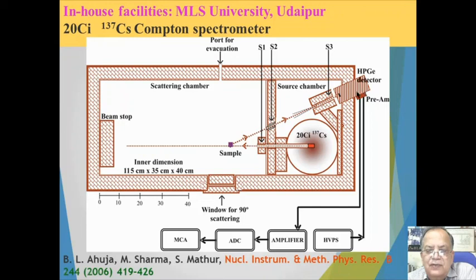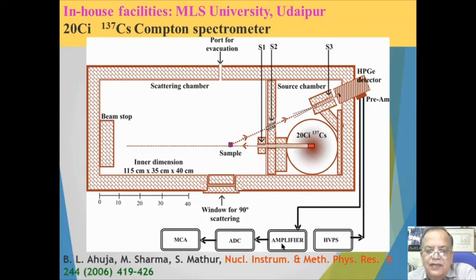So basically what happens is, the scattered radiations, when they fall on the HPGe detector, create electron and hole pairs, and those pairs are attracted by the opposite terminals through this high voltage power supply. You apply about 1000 volt reverse bias, and have the charge pulse, which is integrated by the preamplifier, and then further integrated and shaped by the spectroscopy amplifier.